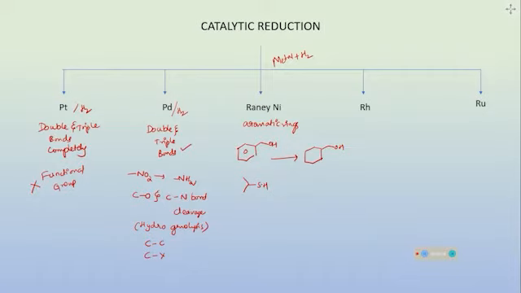If OH is present, it is called an alcohol. If oxygen is replaced by sulfur, it is called a thiol. This is completely reduced to a hydrocarbon. Raney nickel is also used for the reduction of aliphatic aldehydes or ketones to alcohols.